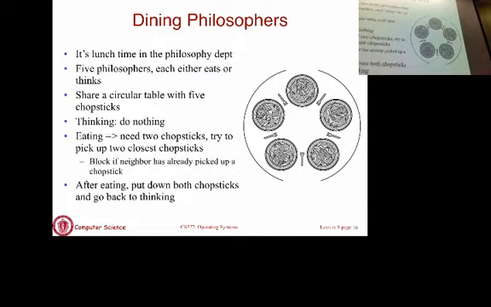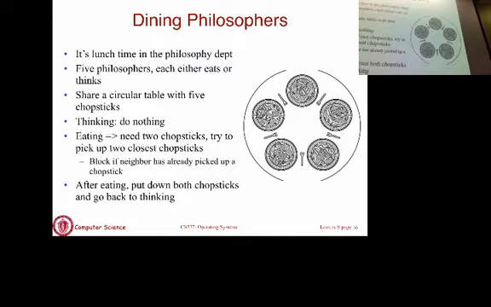So first let's see if you understand the question before we go on to a solution. Should philosophers pick up one fork and wait for a second, or only pick up a fork if both are available? So you are asking whether the philosopher should pick up one fork, or both forks, or wait for both forks to be available. That's the solution, right? We can come up with different types of solutions: if one fork is available, grab whatever is available and wait for the other one; or check if both are available and grab them only if both are available, otherwise just wait.